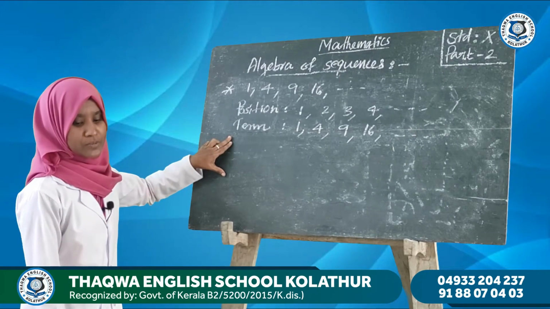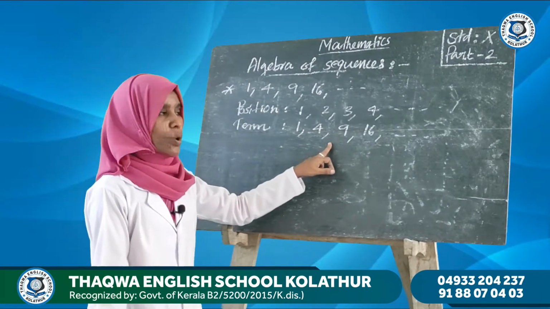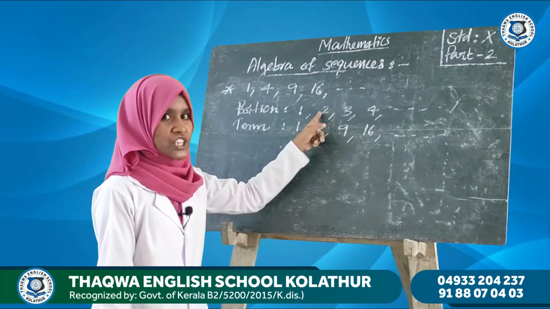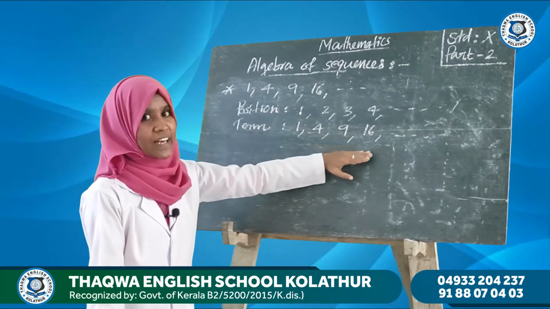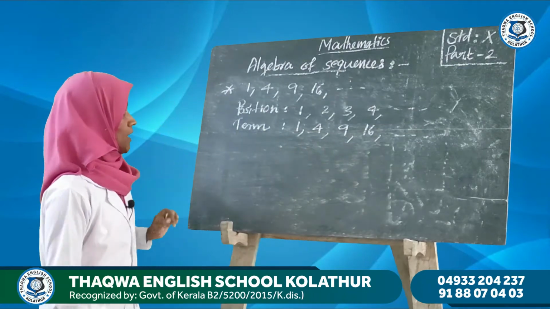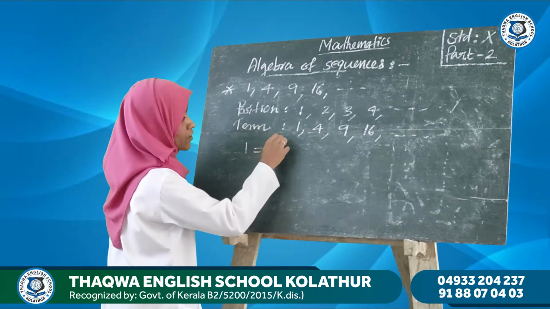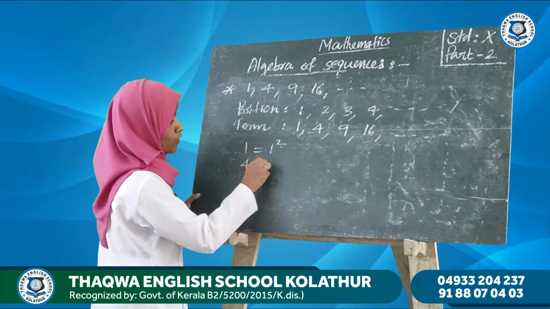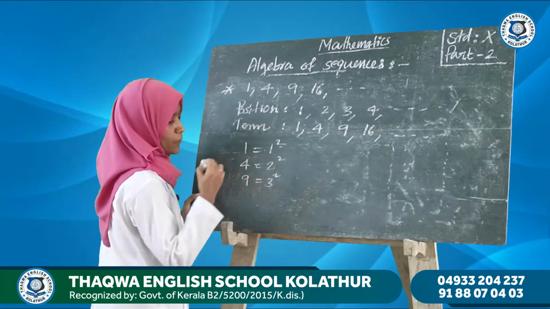What is the relation? Each term is the square of its position, right? That is, first term 1 is 1 square, 4 is 2 square, 9 is 3 square.